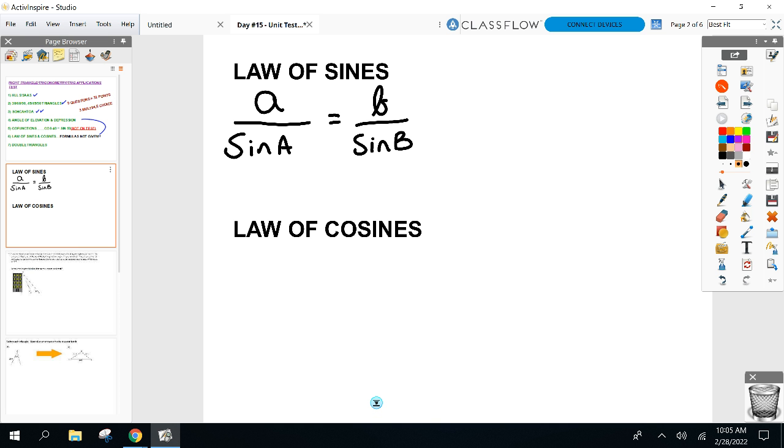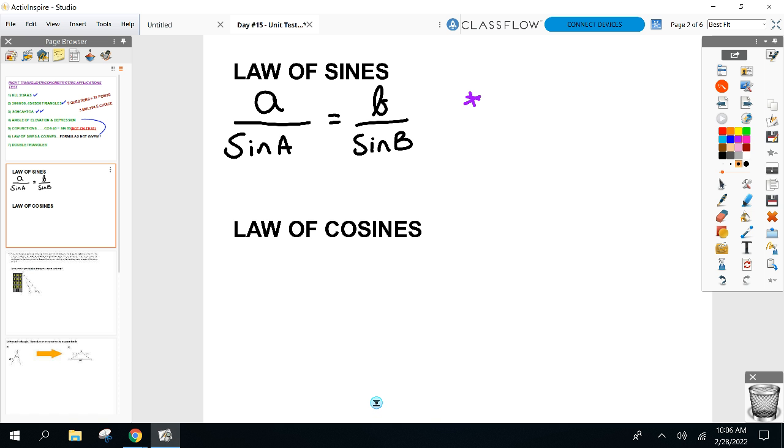Just so we know, what do I mean by lowercase a and lowercase b? Those are what of the triangle? Side lengths, remember. And then capital A and capital B are the angles across from them. One thing I got to make a point of, and I don't think I drove home this point well enough when I described law of sines: everything you plug into law of sines has to come from the same triangle.